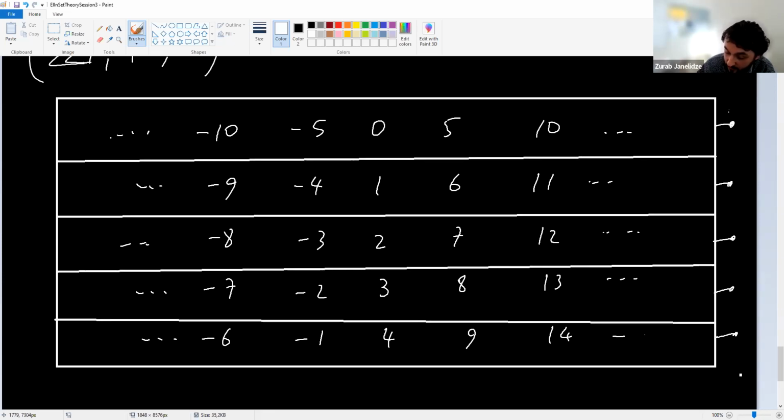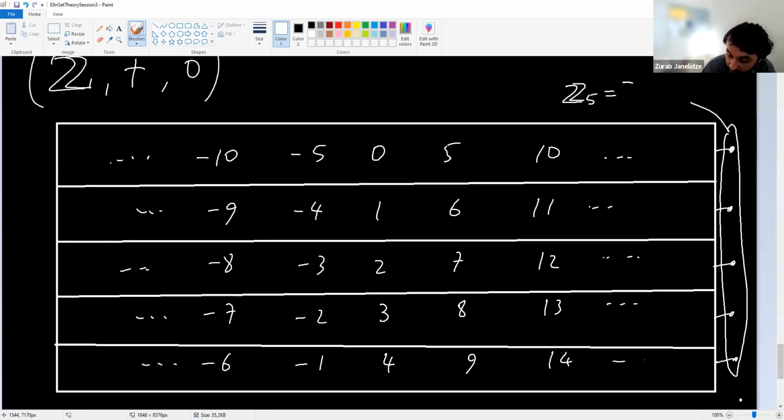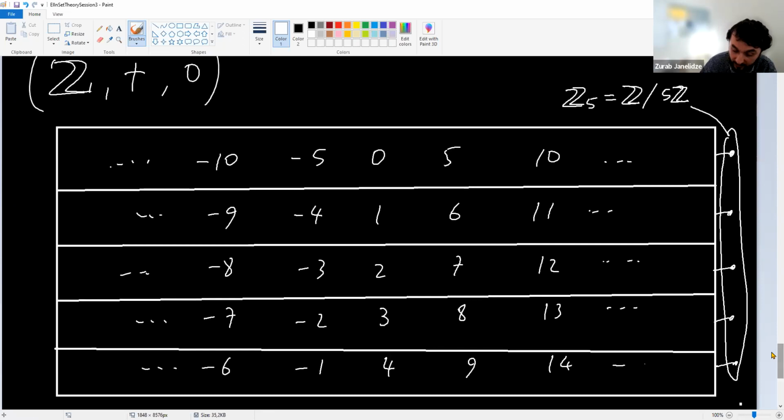This new set is usually referred to as Z5, and sometimes it's written as a quotient of Z over 5Z. What is nice about this is that it inherits the structure of addition, in the way that we can add these groups themselves, and that could correspond to addition modulo 5.